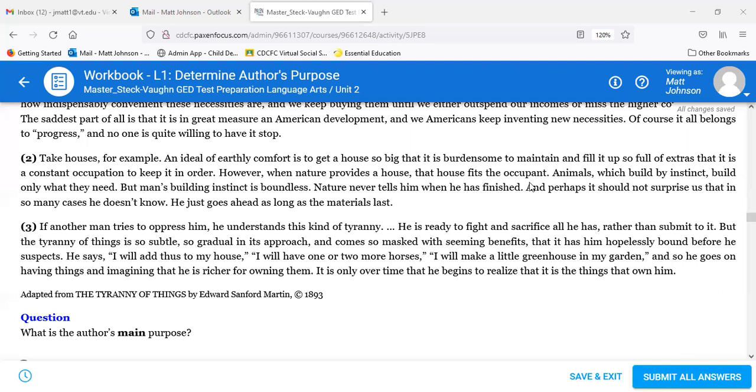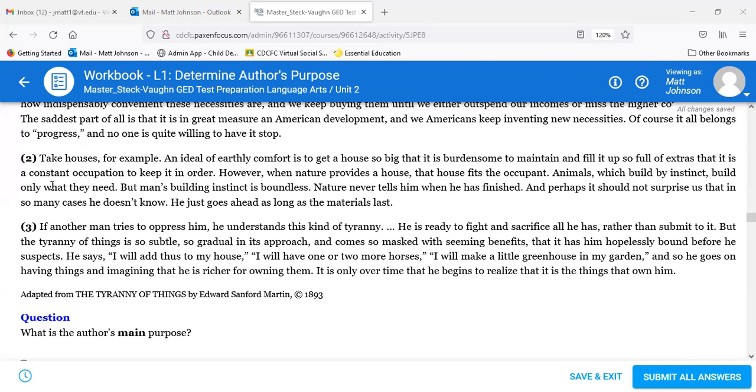Christiane, you want to read the last paragraph there? Paragraph 3: If another man tries to oppress him, he understands the tyranny. He is ready to fight and sacrifice all he has rather than submit to it. But the tyranny of things is so subtle, so gradual in its approach, and comes so marked with seeming benefits that it has him hopelessly bound before he suspects.